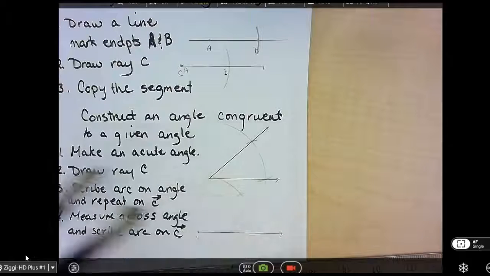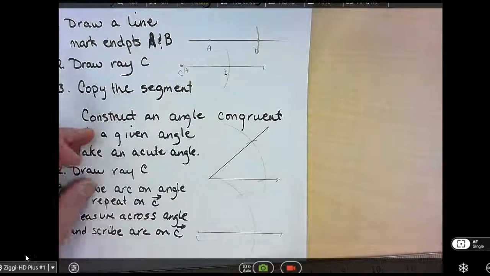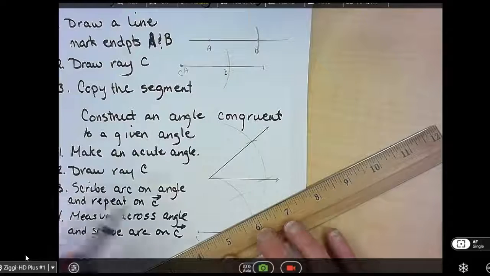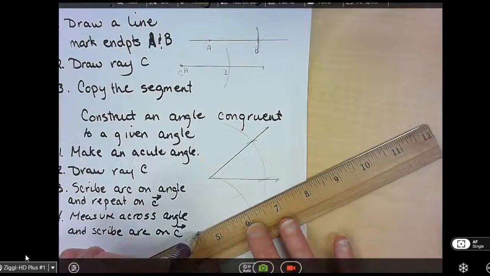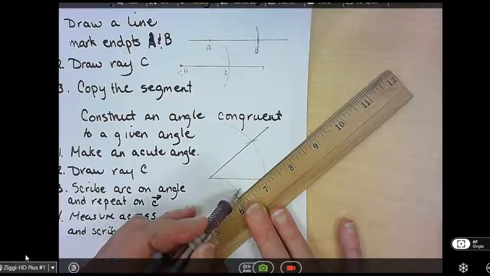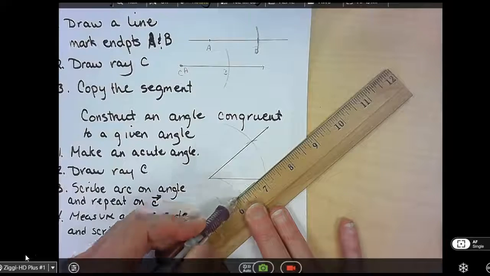Where those two arcs intersect is the same angle as the original angle. So now I draw, I forgot to put that in there. So now I draw a line from the endpoint through the intersection of my two arcs, and I have copied the angle.